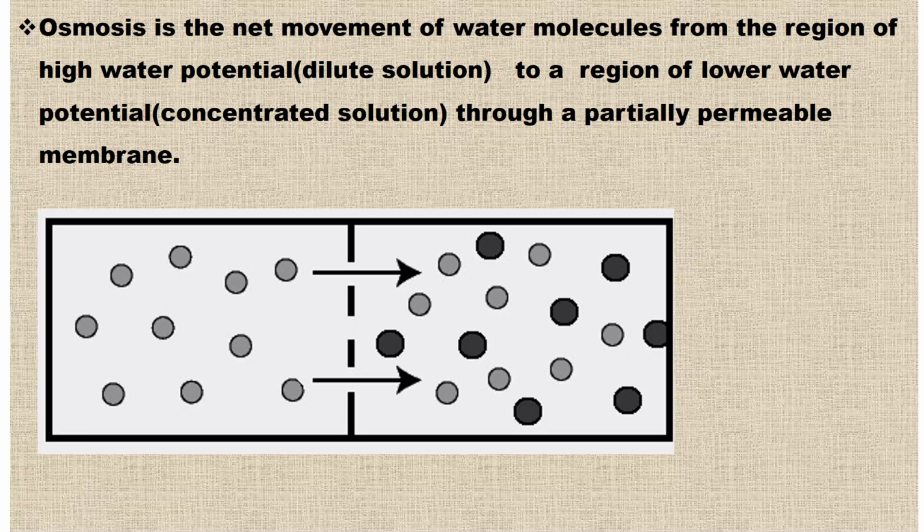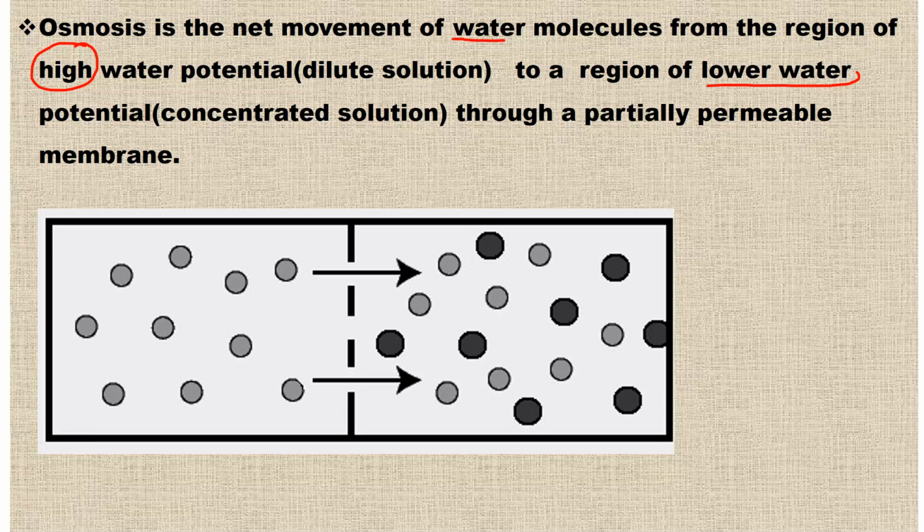All right, now let us define osmosis. With what we've looked at, it's very important that we define osmosis. Now, what is osmosis? It is also very important that you understand the key words here that I'm going to underline. So osmosis is a net movement of water molecules from the region of high water potential to the region of lower water potential.